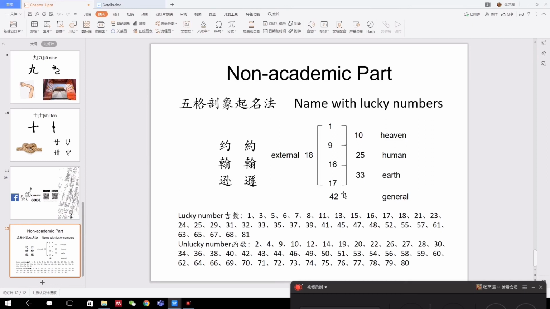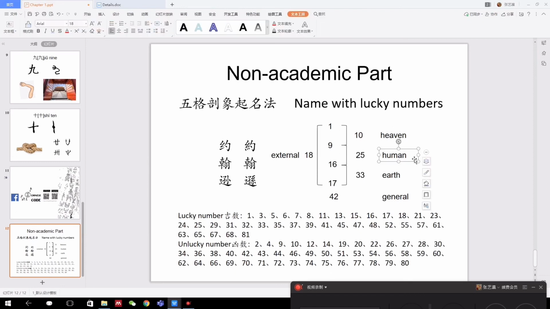And then you will have 5 numbers, that is your 五格. The first one is 10, and it is heaven 格, 天格. The second is 人格, human 格.